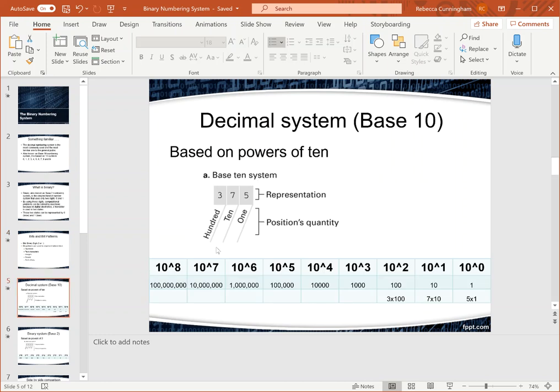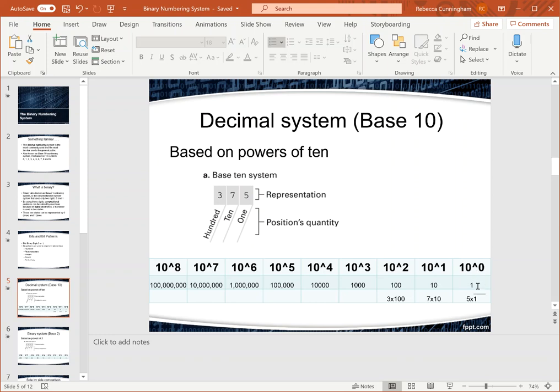Again, let's go back and revisit the decimal system, or base 10. If you are given a number like 375, you know what that means because you've been taught that the decimal system is based on powers of 10. I have a grid here to show you that the first place, what we call the ones place, is 10 to the 0 power.